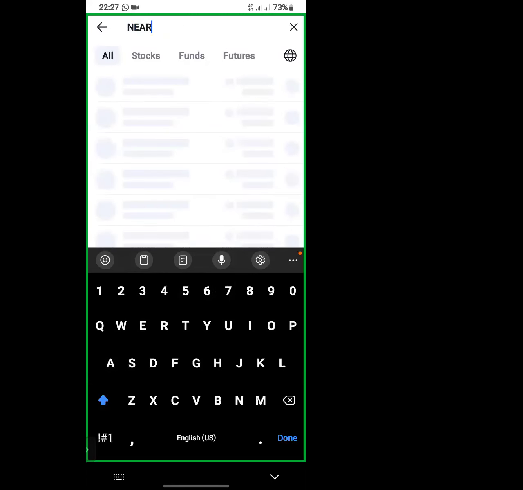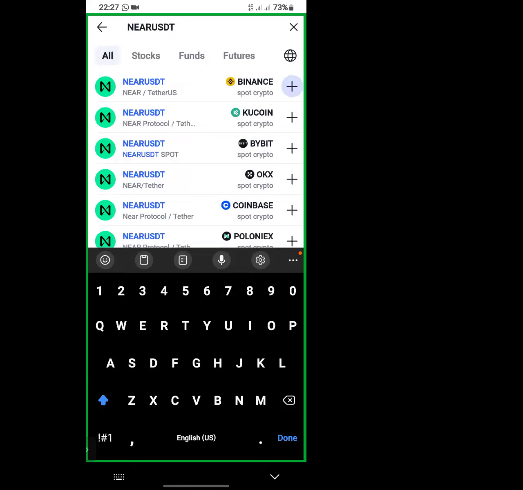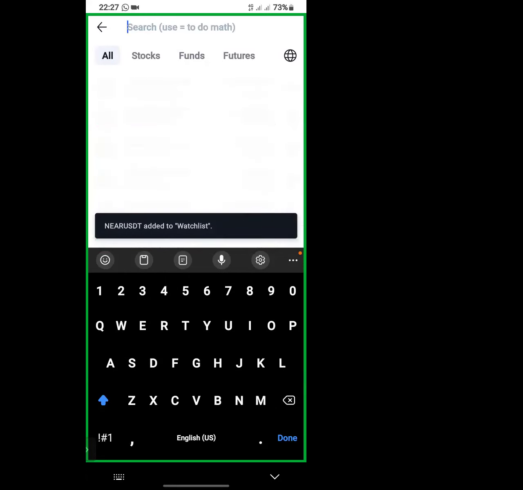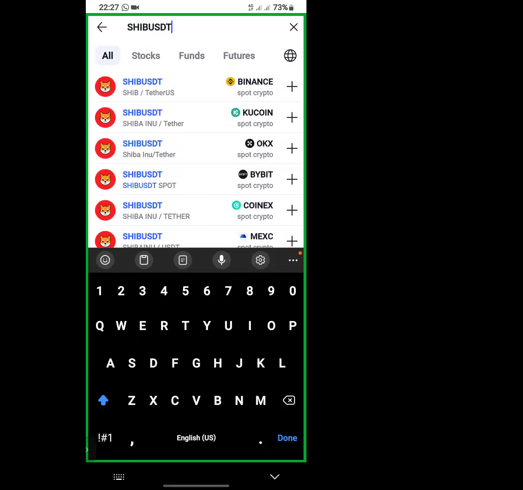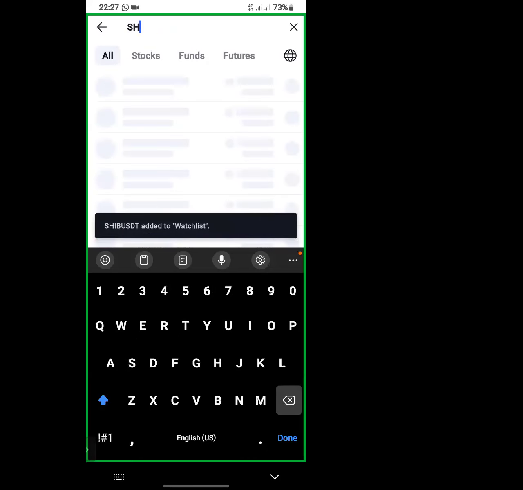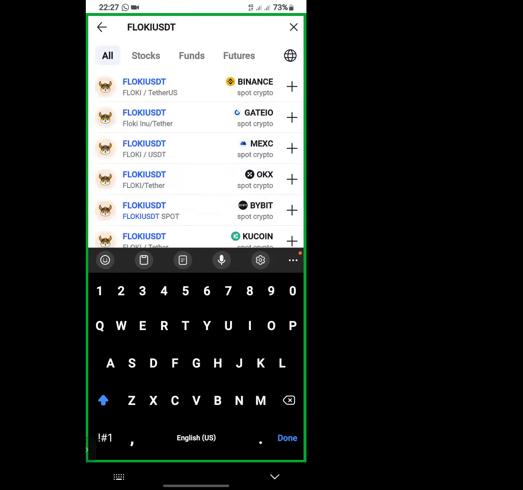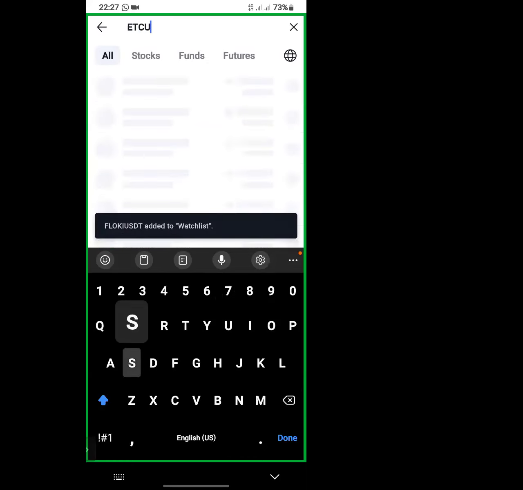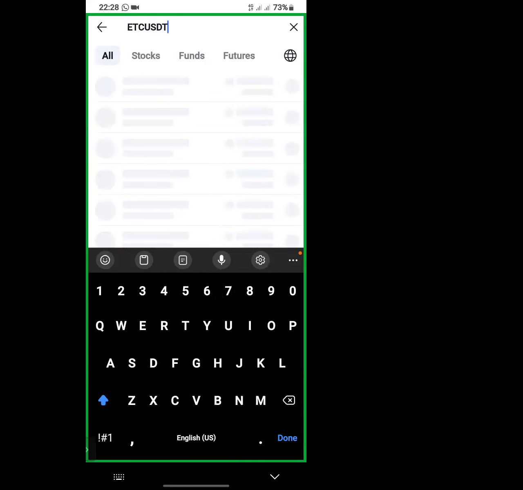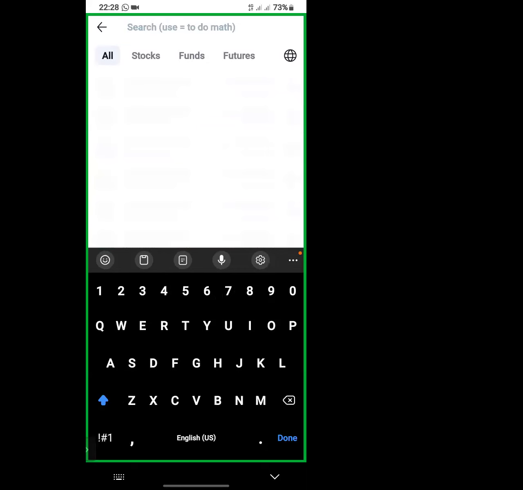NIA USDT. SHIB USDT. Floki USDT. ETC USDT. XRP.